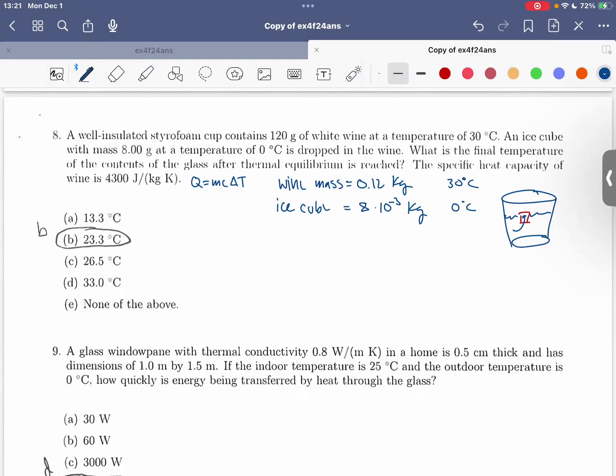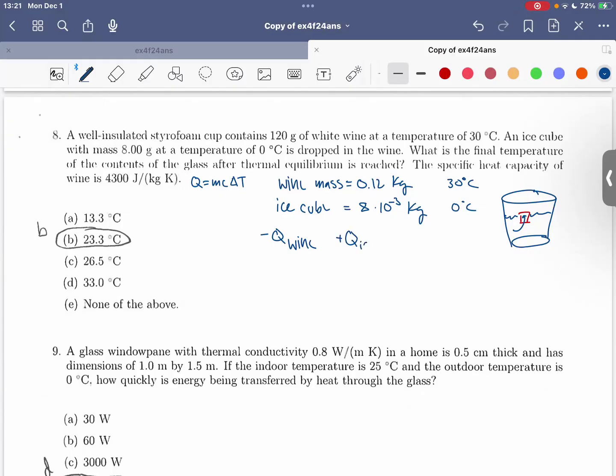So we can say that the heat of the wine is going to be negative, because heat is flowing out of the wine and into the ice cube. And the ice cube heat is going to be positive.